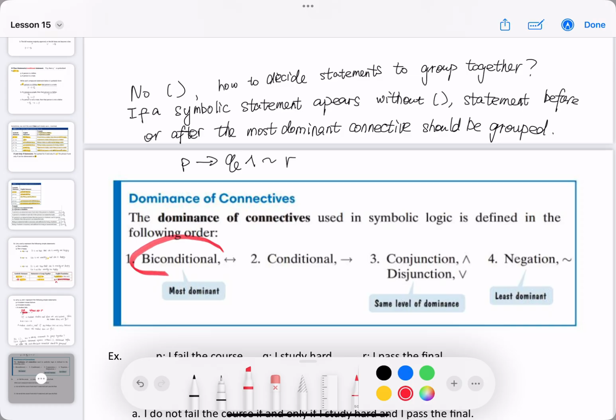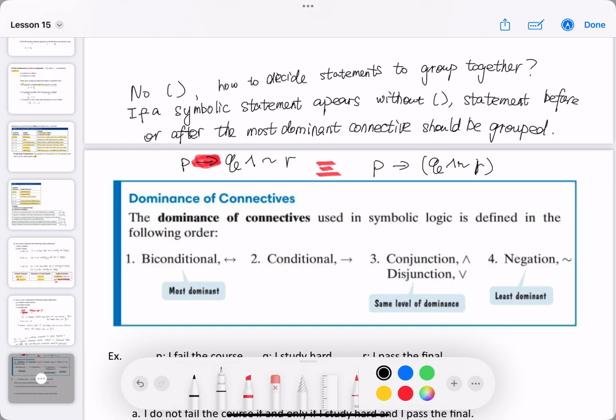The most dominant in this example is the conditional, the if-then case. If I have an if-then case, the before and after parts will be grouped. So this is equivalent to: if P, then grouped Q and not R.